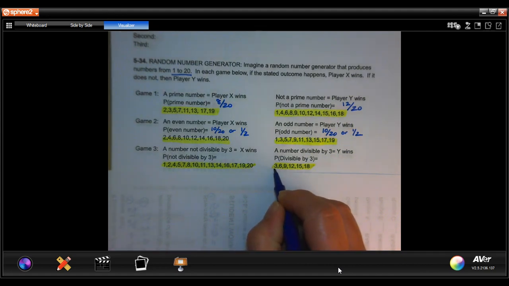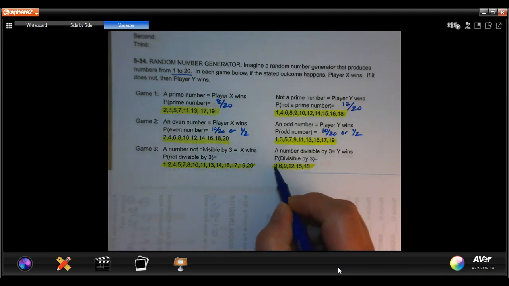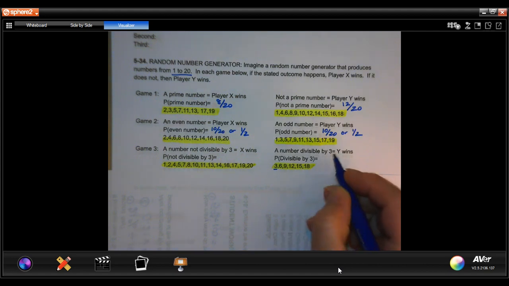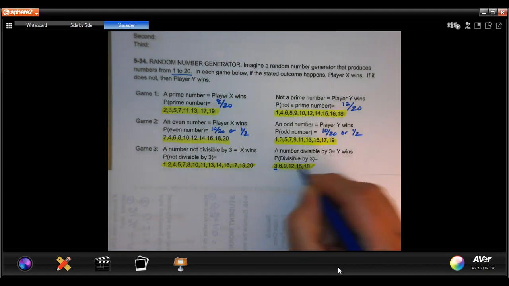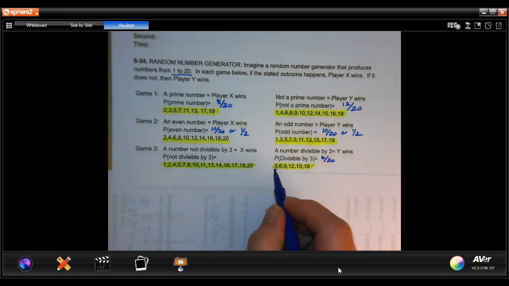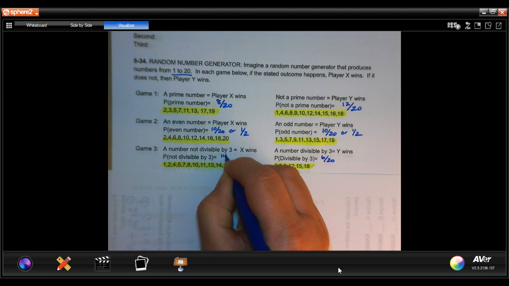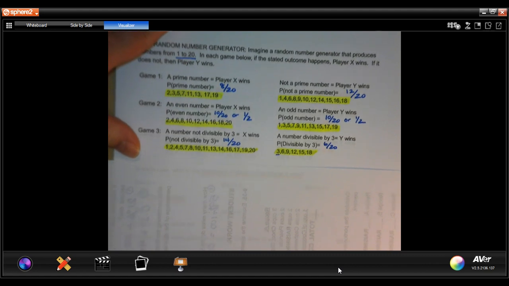Remember that 3 is always a multiple and is a number that we would list as being divisible by 3 because it meets the criteria. Over here, I've got 1, 2, 3, 4, 5, 6 out of 20. And then that would leave me with 14 out of 20 for player X.